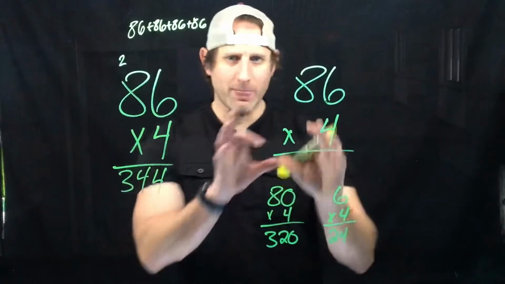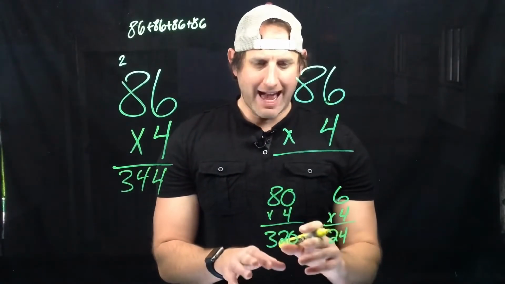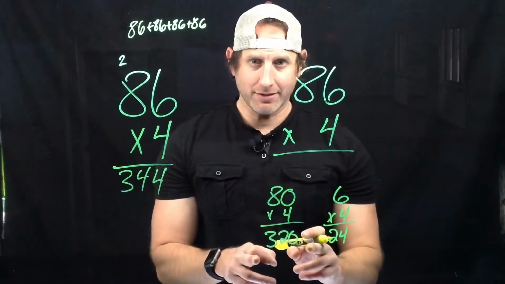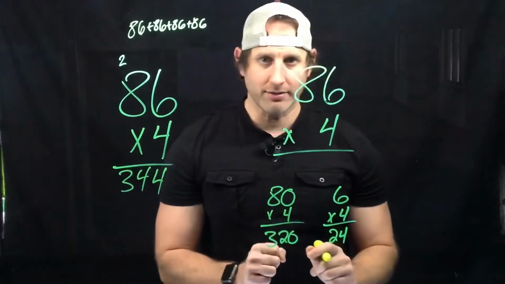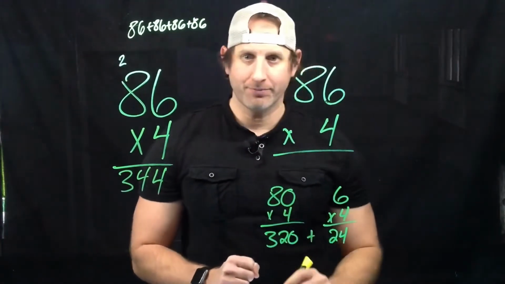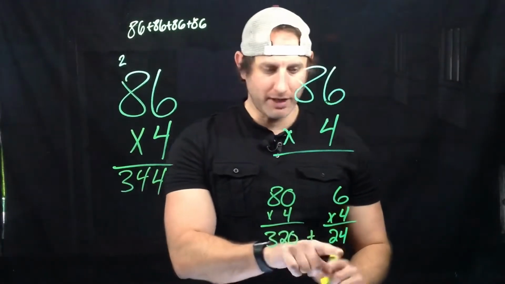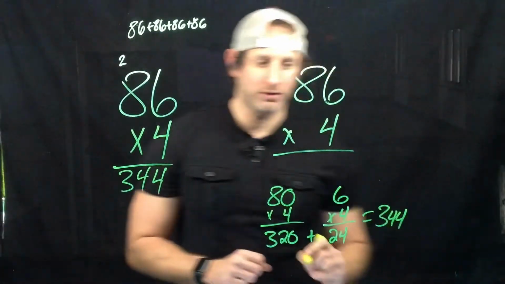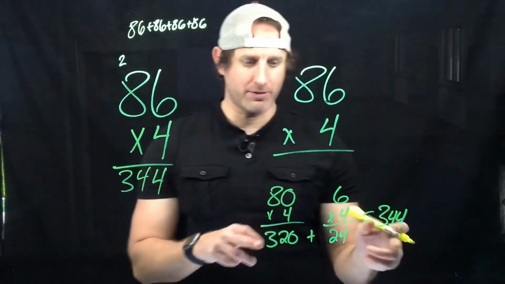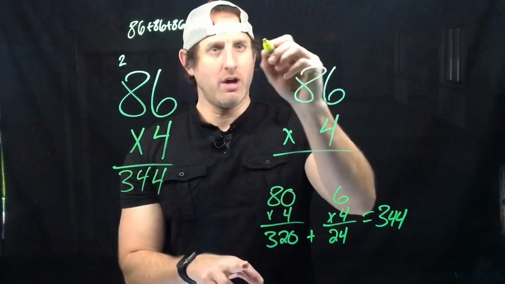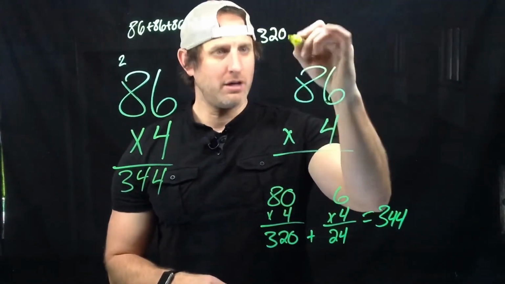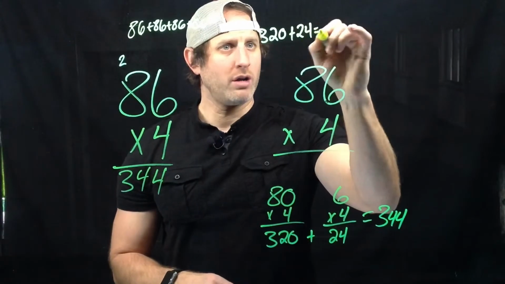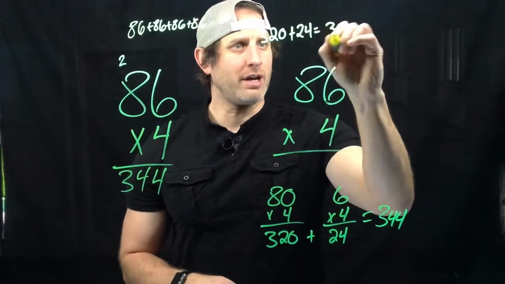Now that I've broken this apart, what I have here is a group of 10s and a group of 1s. Let's add them. 320 plus 24 gives me 344. I don't know if that actually showed up, so I'll just do it over here. We'll go up here. We'll go 320 plus 24 gave me 344.